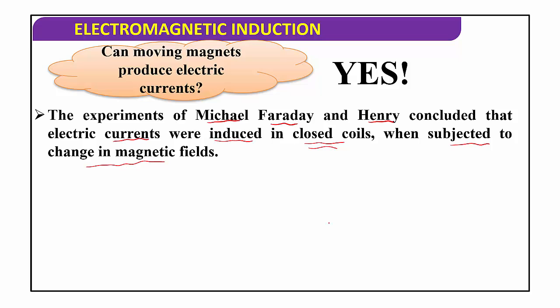They did some experiments. Later you are going to study all the experiments done by the two scientists, Michael Faraday and Henry. They concluded that electric current was induced in a closed circuit or closed coil when it is subjected to a change in magnetic field. Is it clear? Remember, only by using moving magnets, only by changing magnetic fields, can we produce electric currents.